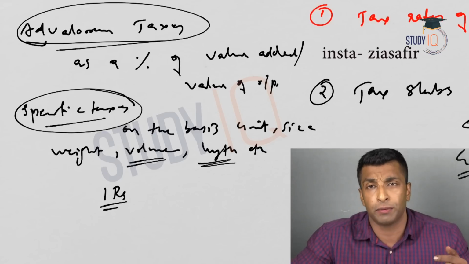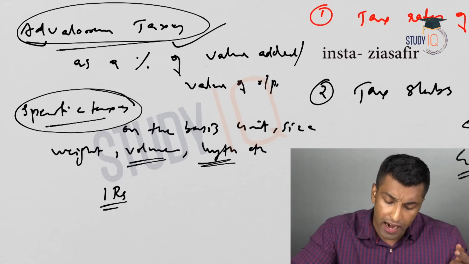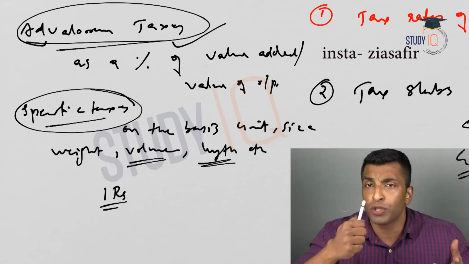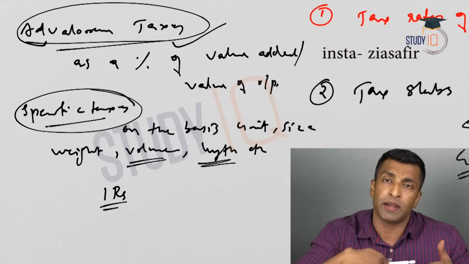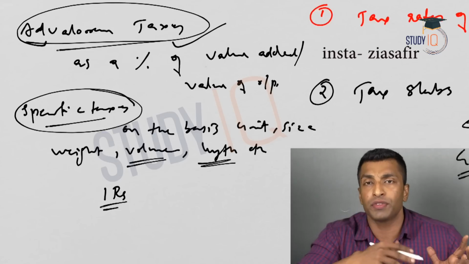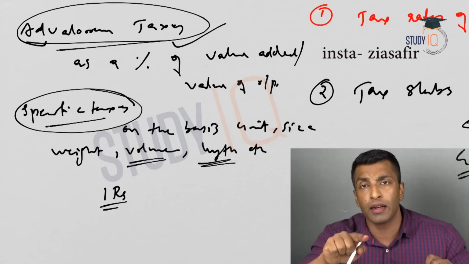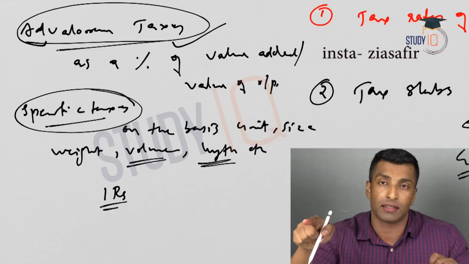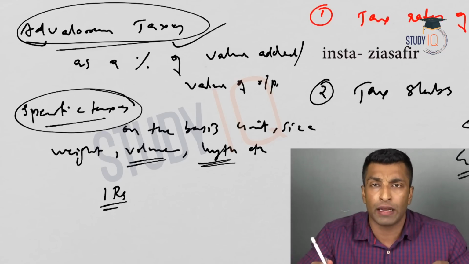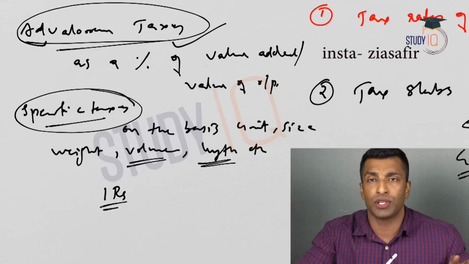Now the question is, which one is better? Definitely ad valorem taxes are better, because with time the cost of this pen will change. It will change from 10 to 15. But the government is saying per pen 1 rupee. Even if the cost is changed, it will be 1 rupee unless the government notifies or changes the tax. But if you are charging as a percentage, as soon as the price of the pen changes, the tax collected will also change.